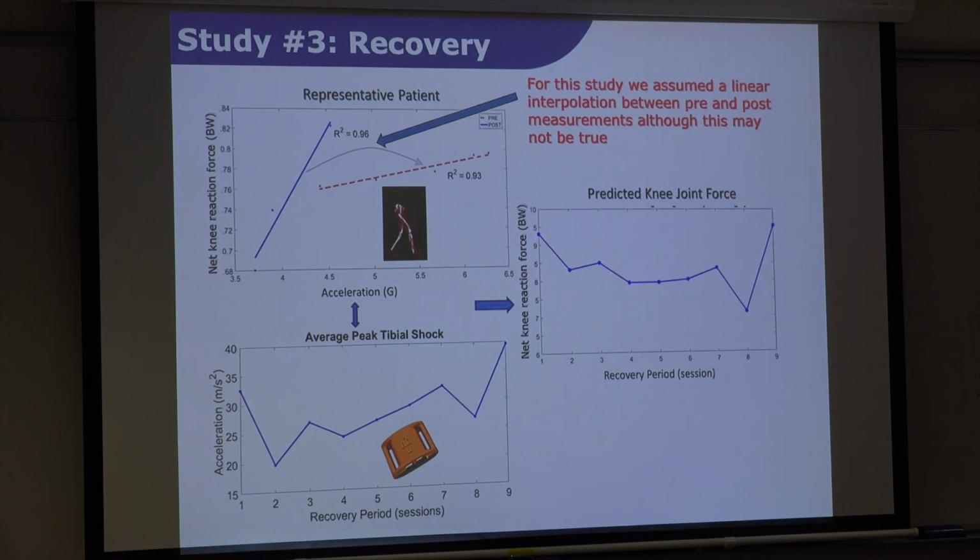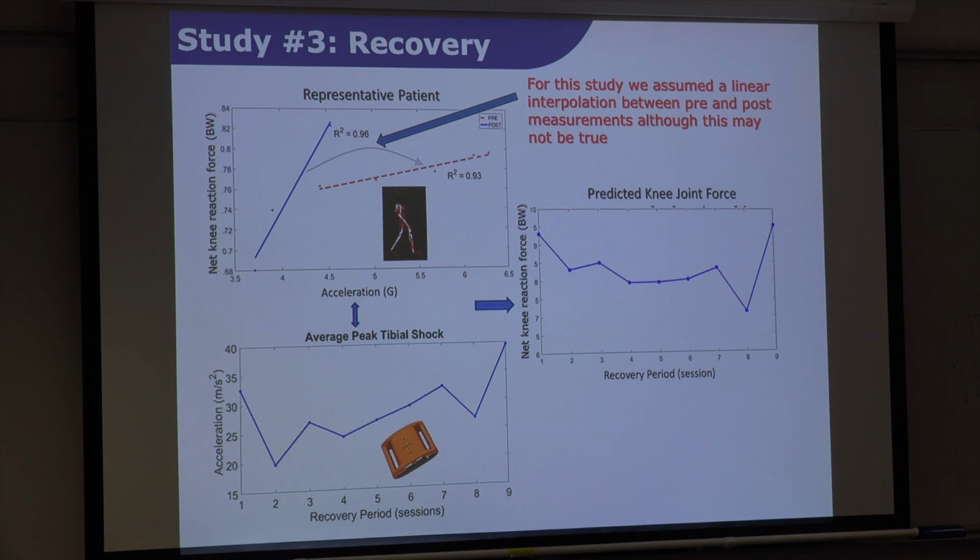To predict an individual's net knee reaction force, we assumed a linear interpolation between the pre and post, and we used that relationship and their known average peak tibial acceleration from the sensors that we measured to predict their net knee reaction force over that recovery period.